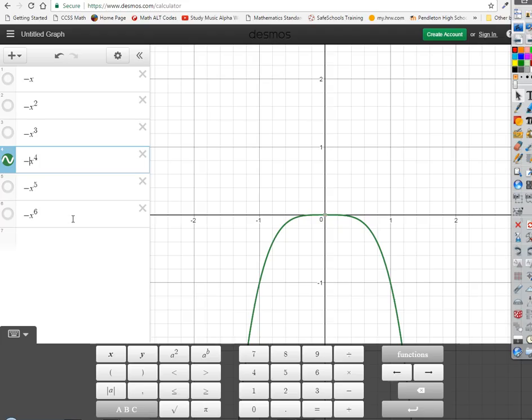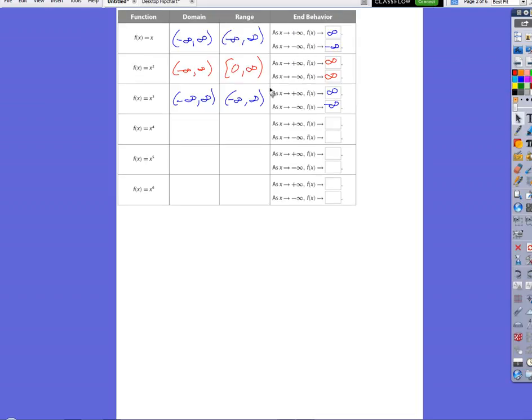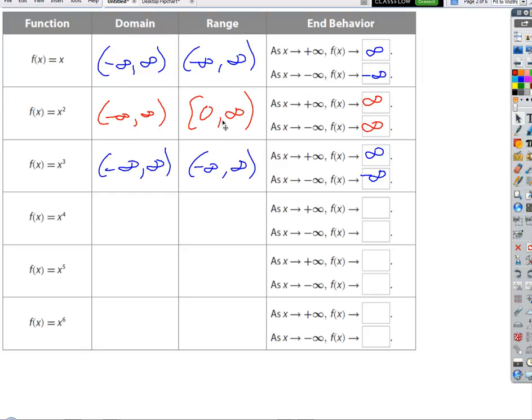Domain is still infinite, but what did it do to the range? What's the range going to be for this function now? If I went on my original table to all of the red rows, the even rows, what's it going to do to the range? Instead of being all values greater than or equal to 0, it's going to be less than or equal to 0.